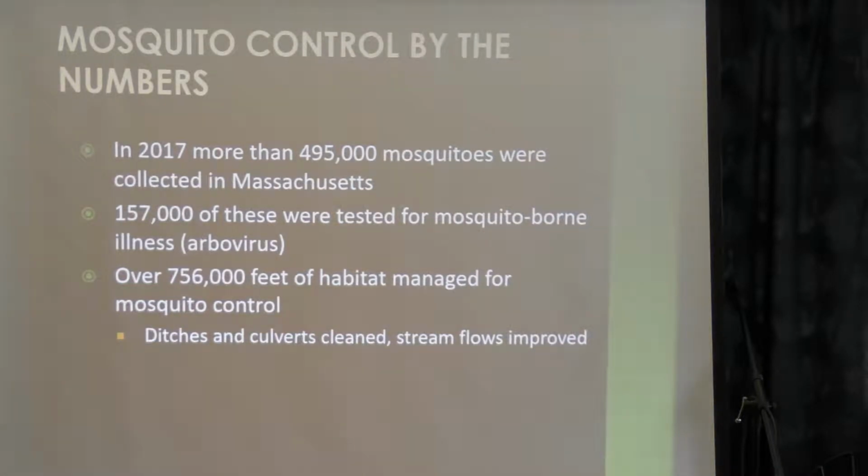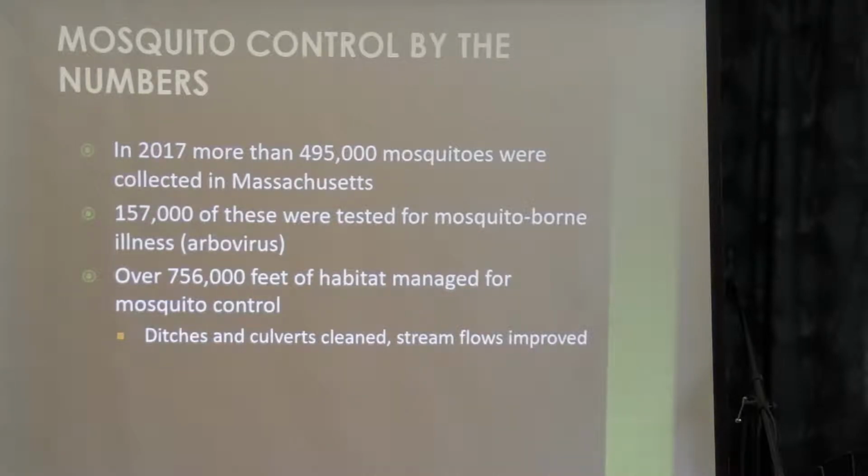Okay, so here's what the state-sanctioned mosquito control did over 1 year, and this is 2017 because I'm still processing the numbers from 2018. They collected almost 500,000 mosquitoes, and that's even considering that big white gap in the middle of the state. And then they sent over 150,000 of them for testing at DPH.